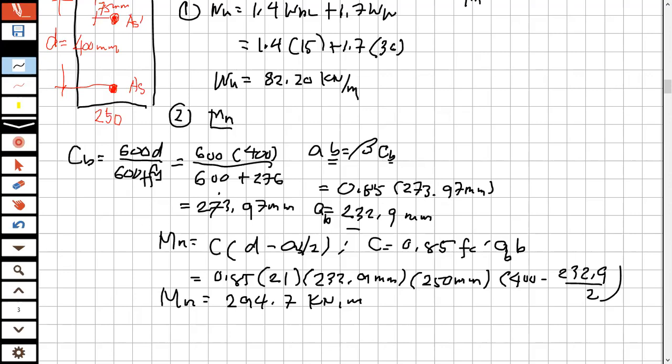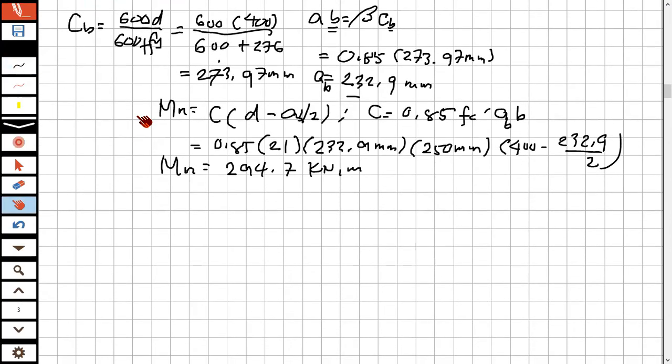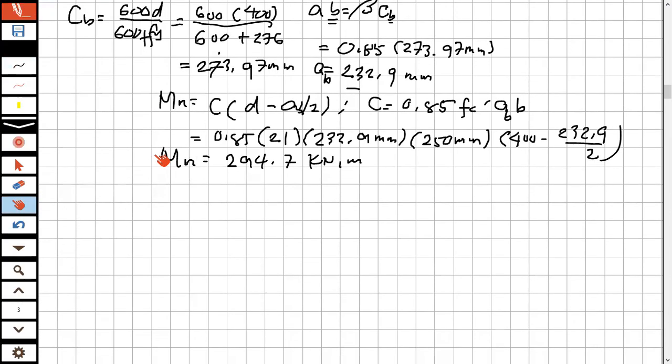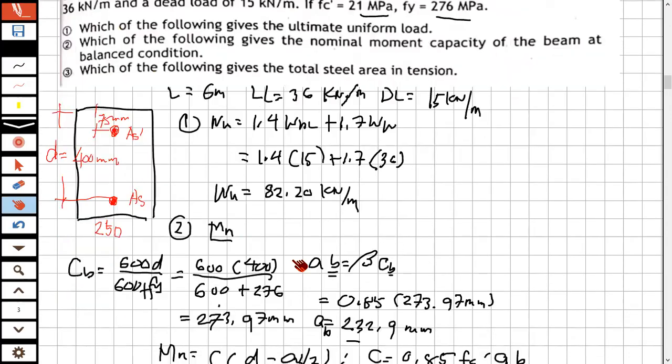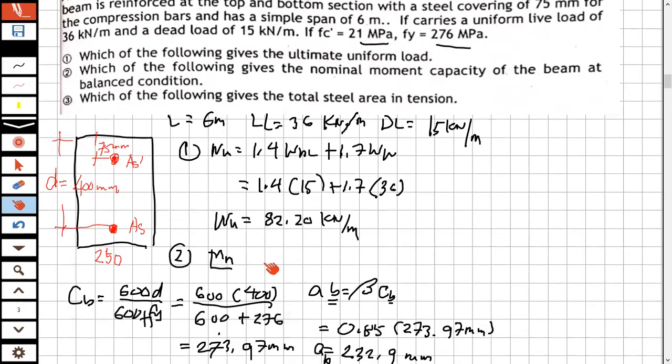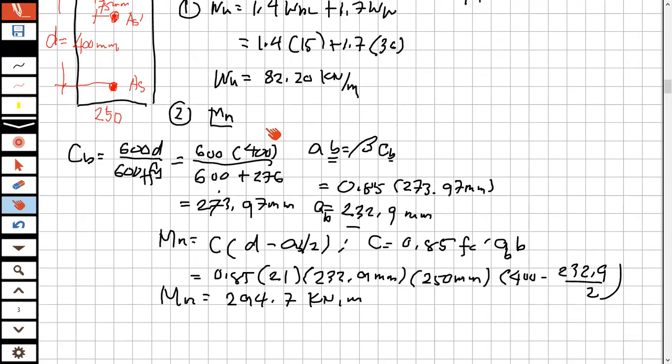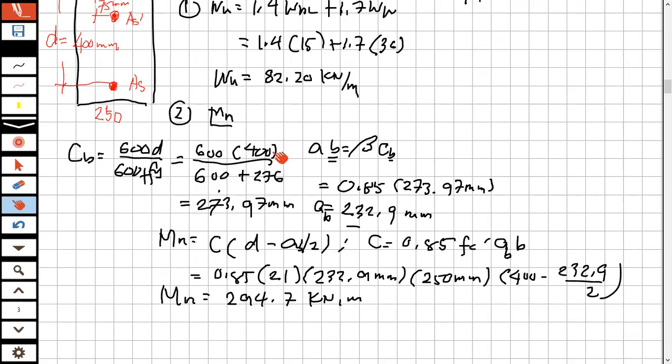So here, we are going to assess if we need compression reinforcement. Okay? If we need compression reinforcement. So we have to compute. Here, na-compute na natin yung WU. Okay? Now, i-compute natin yung MU. Okay? And once we compute MU, we'll check what is M1 also. Compute din natin yung M1.